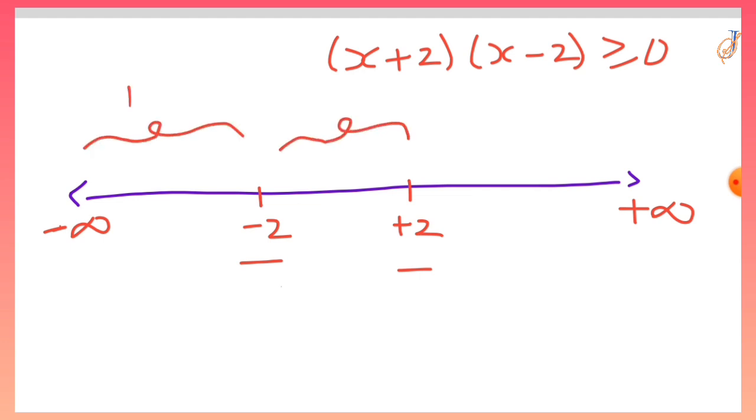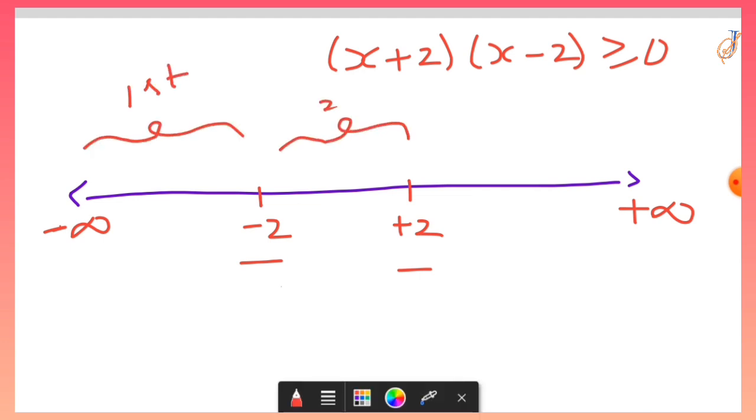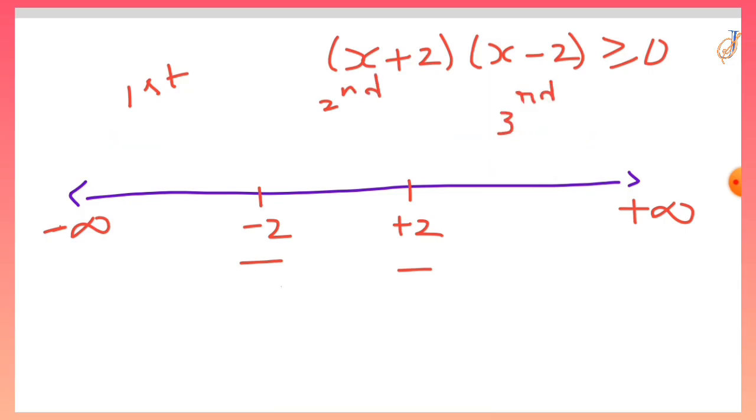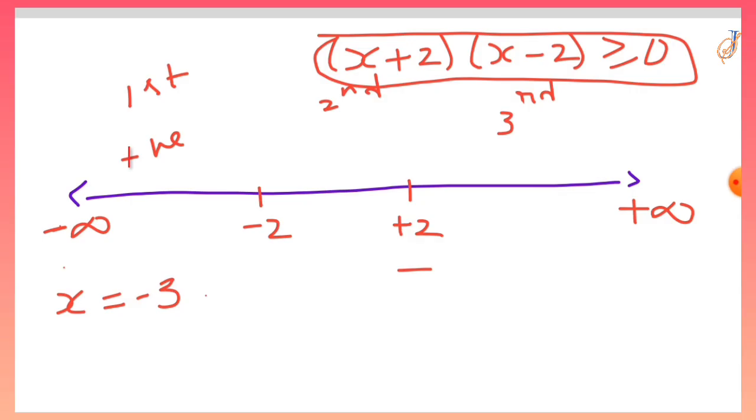This is the first region, this is the second region and this is the third region. For the first region, the values are minus infinity to minus 2. If you take any number in between these, suppose you take x as minus 3, then plug it in this expression: x plus 2 means minus 3 plus 2, which gives minus 1, times minus 3 minus 2, which gives minus 5.